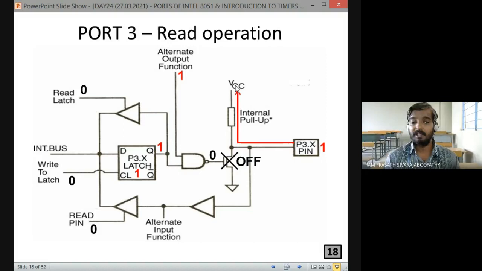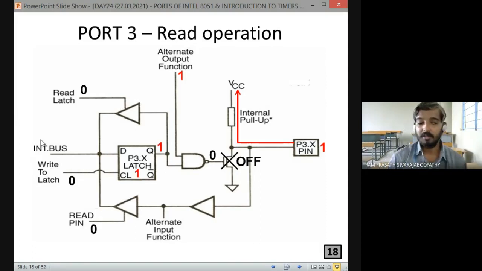Device must provide the logic 1 as well as logic 0. Whereas in this case, device normal ஆ எனக்கு எந்த data வும் கொடுக்கலனாலும் will be having logic 1. But if the device pulls the pin low, at that point in both ports you will be having 0 only.